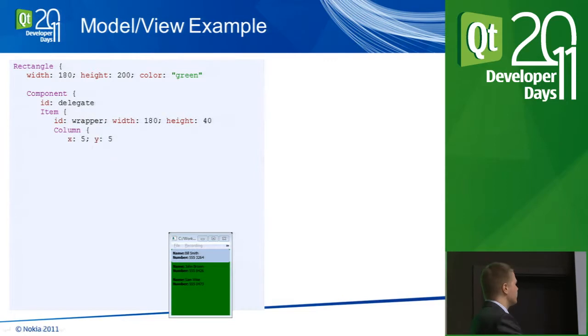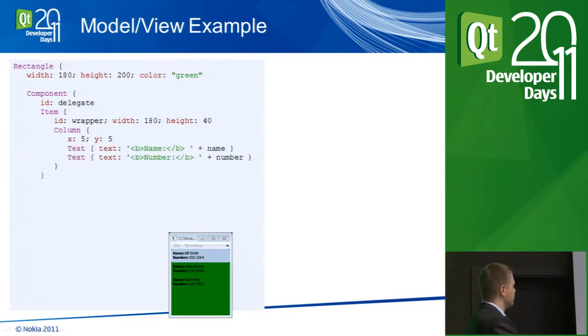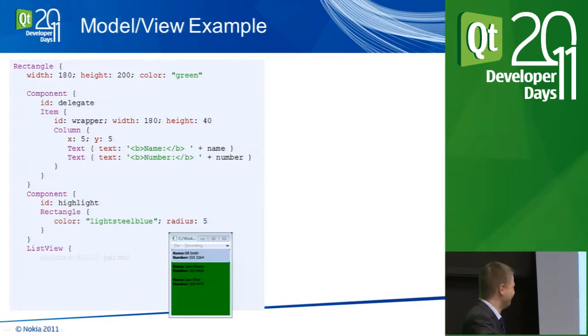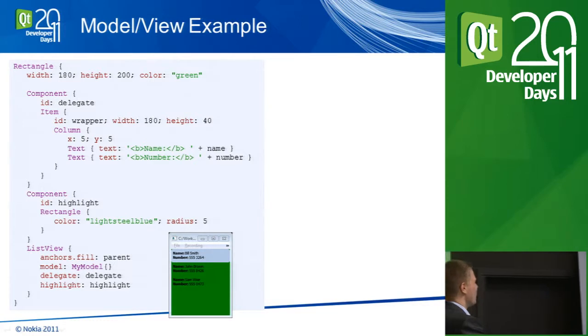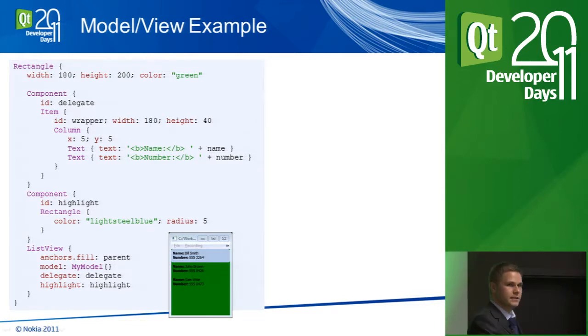And finally, we want to implement the whole view. So we create a rectangle first, which is the background in this case. Then we have the delegates that we discussed earlier.